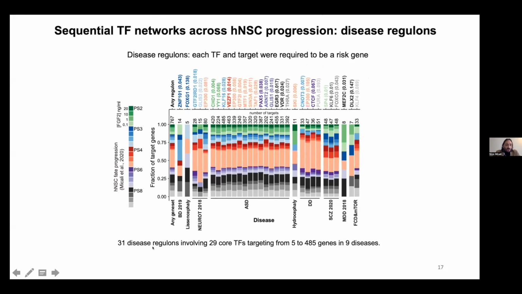We identified 31 disease regulons involving 29 core transcription factors, targeting up to 500 genes, let's say, in nine diseases. Each disease shows these regulons, these core transcription factors, which peak at a specific phase of the in vitro neural stem cell progression, and each core transcription factor targets genes.